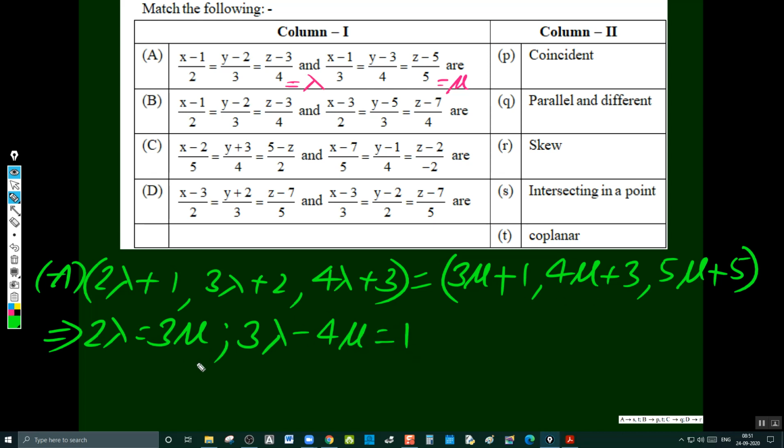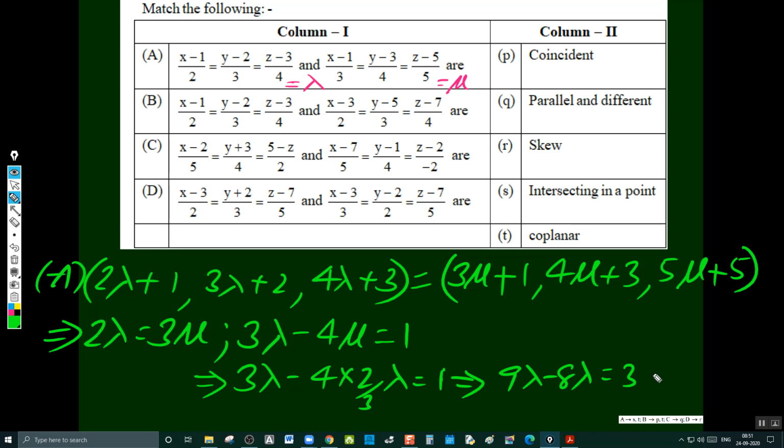Now let us solve it here itself. This is 3 lambda. Let us substitute in place of mu, which is 2/3 of lambda. So 3 lambda minus 4 into 2/3 lambda is equal to 1. 9 lambda minus 8 lambda is equal to 3.